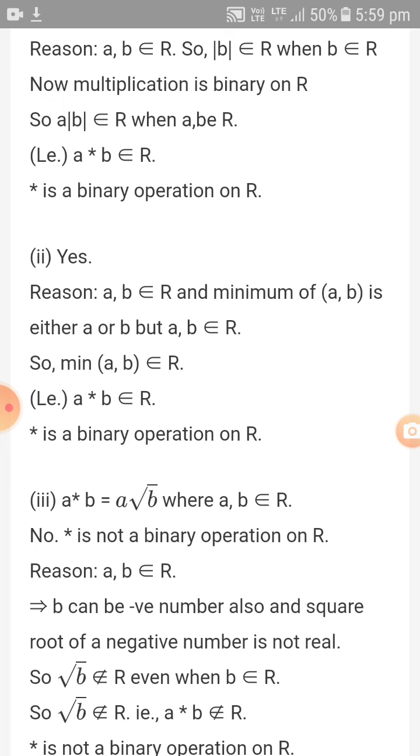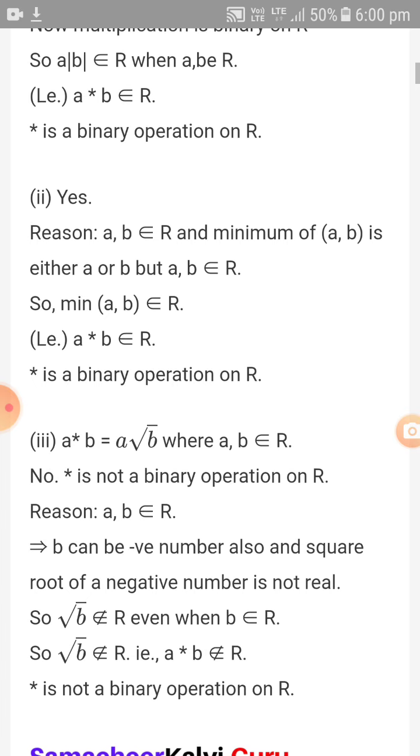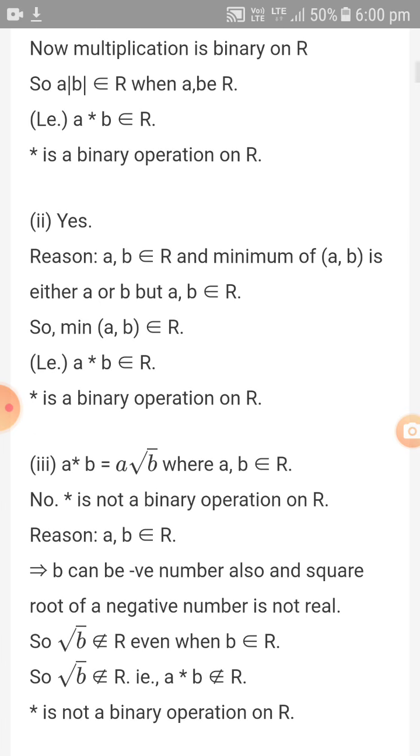Reason: a, b is in R, b can be a negative number. Also, if you take the root, it will be a negative number, which is not real. So root b does not belong to R, even when b belongs to R. That is, a star b does not belong to R. Star is not a binary operation on R.